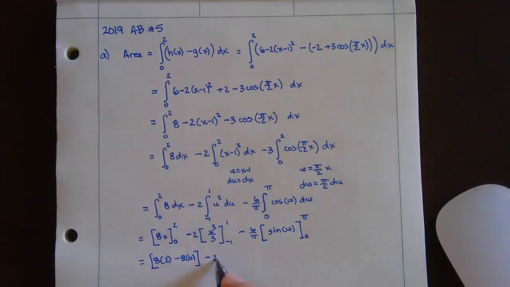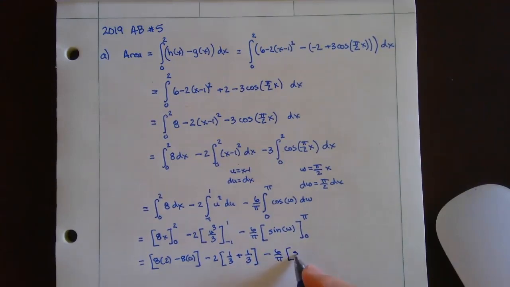This would be minus 2 times 1 cubed over 3, which would be 1/3, and then minus, okay, and this would be -1 cubed, right? So that would give you -1. So this is going to be plus 1/3, minus 6 over pi times sine of pi minus sine of 0.